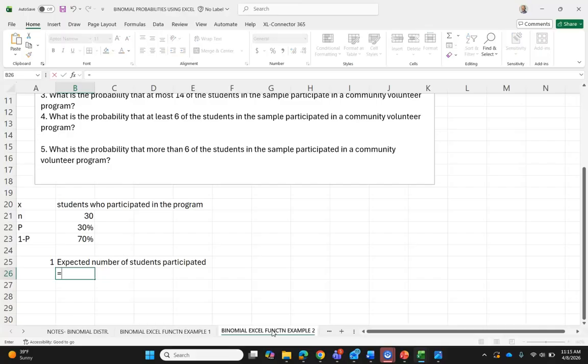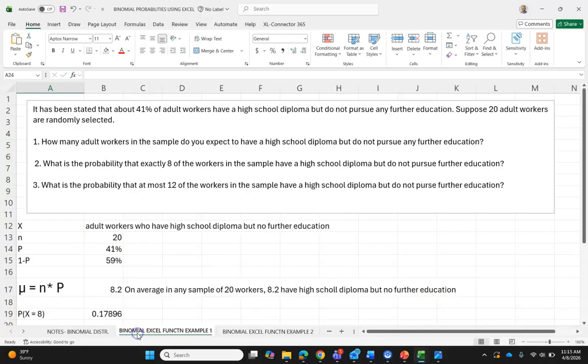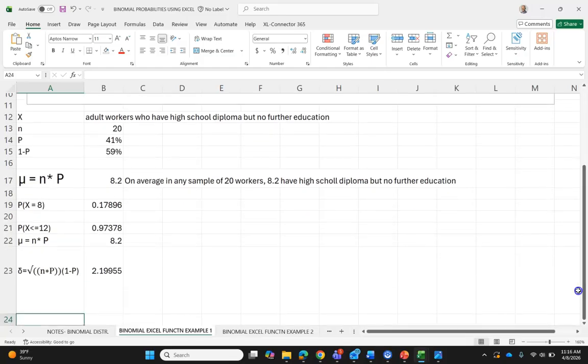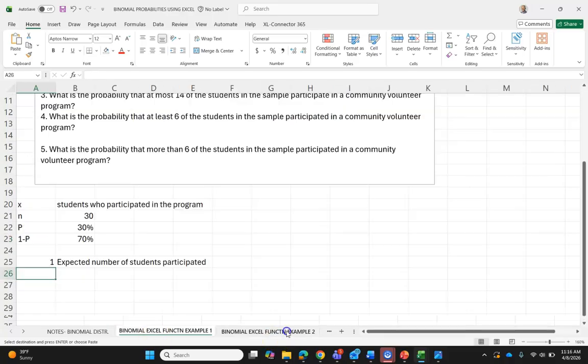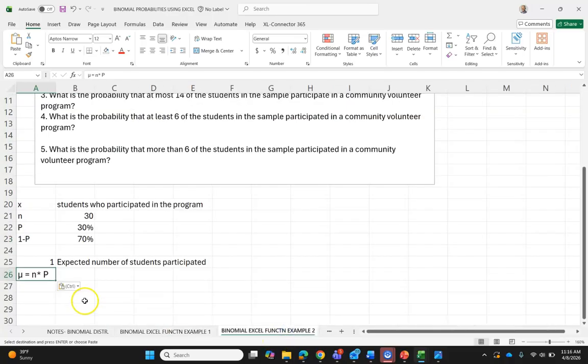So I'm going to put equal sign. I was surprised what's going on here. Remember here also we need to bring those formulas. So let me pick the formulas which we have here. I'm going to copy this formula and paste it here.